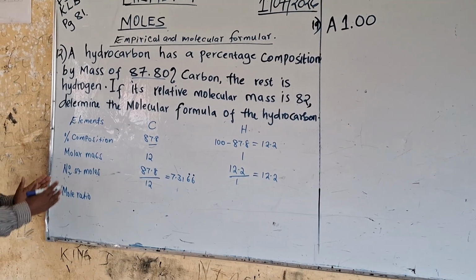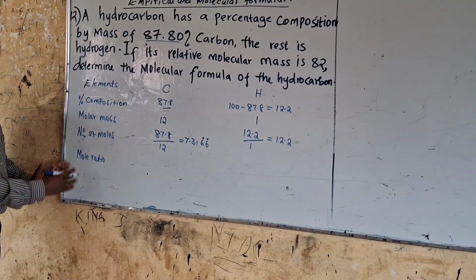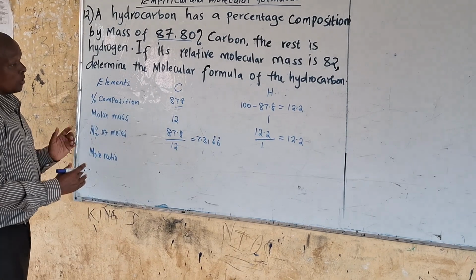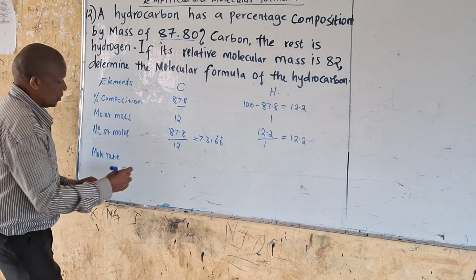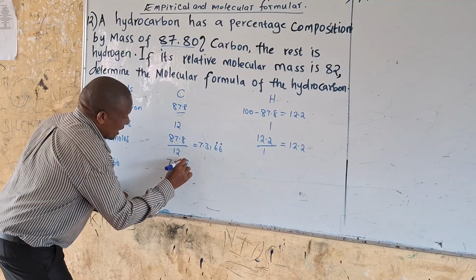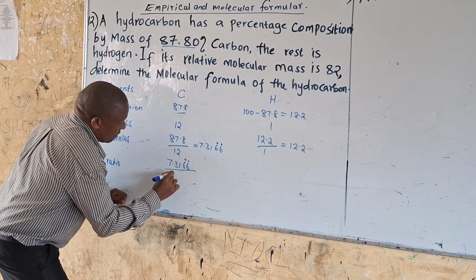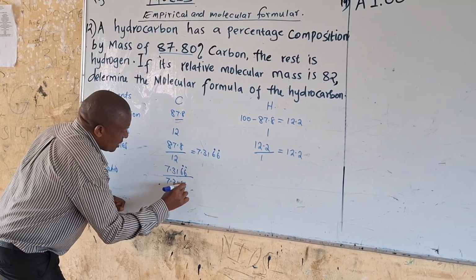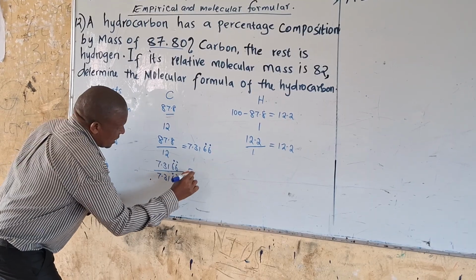Now, where the challenge comes in is in the part of mole ratio. Mole ratio, we divide by the smallest. So you get 7.3166 recurring divided by 7.3166 recurring. Here we get 1.